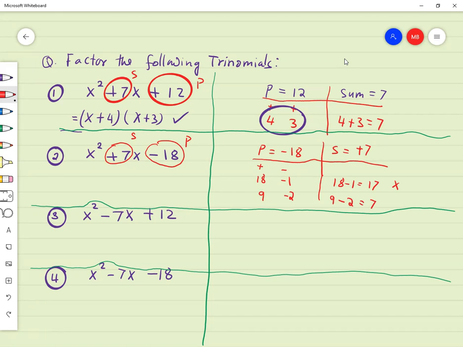We got the match. So our numbers are 9 and negative 2, and this polynomial factors into x plus 9 and x minus 2.